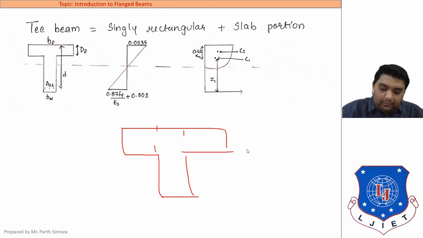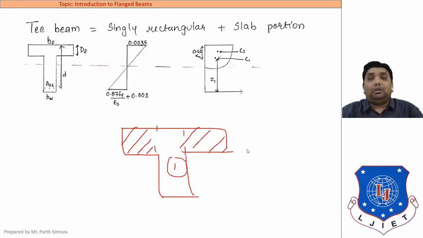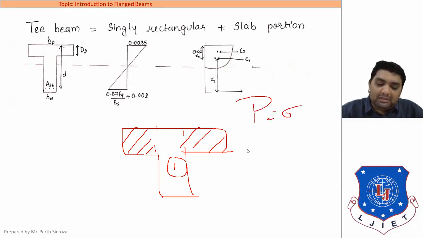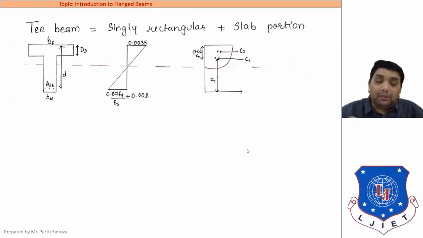Generally, if we need to find force, the equation is force equal to stress into area, because sigma, our stress, equals force upon area. So P equals sigma into A. If we need to find the compressive force, we need to apply this equation.